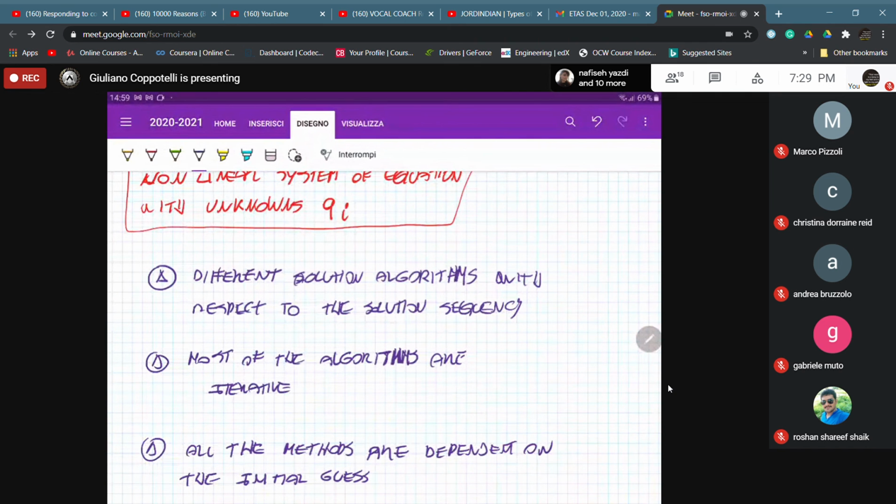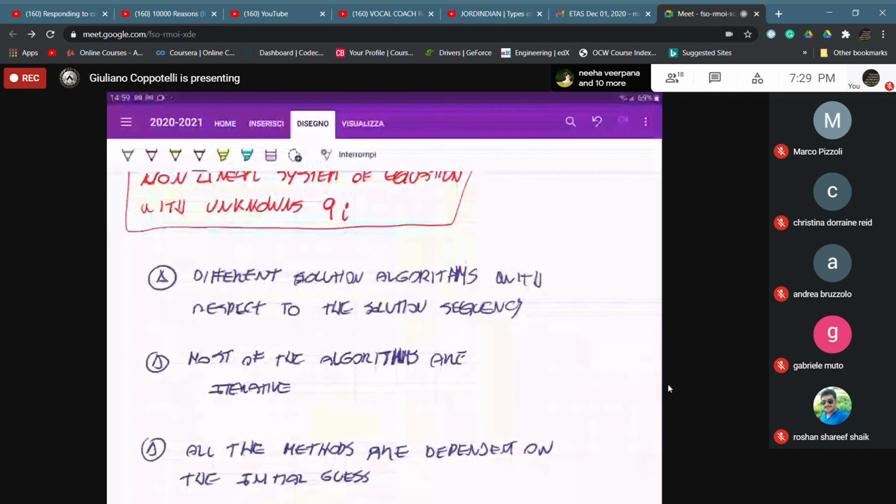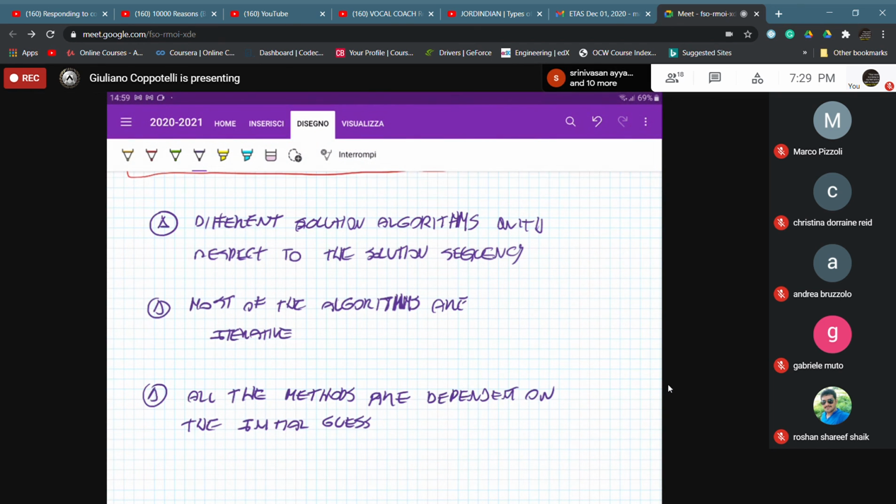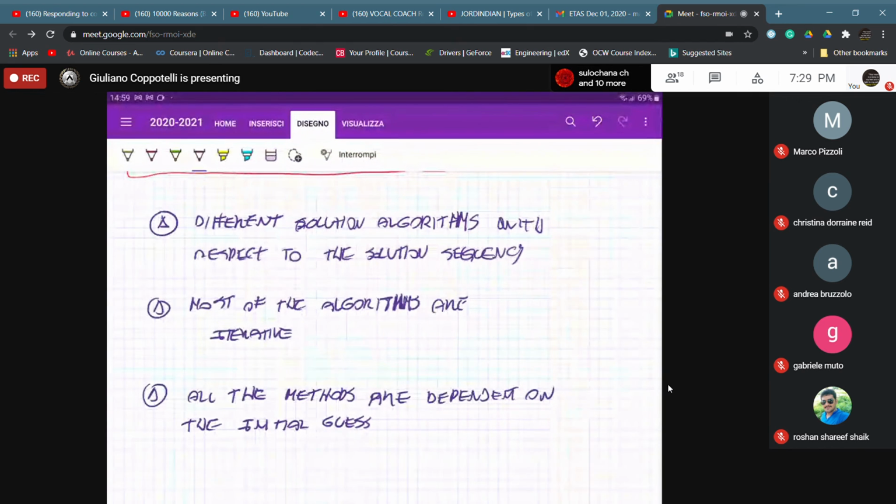This initial guess could be the modal basis that you can have by applying the peak picking method, but there could also be some other techniques that evaluate this initial guess by their own with some other analysis.